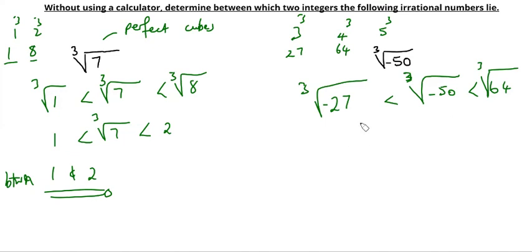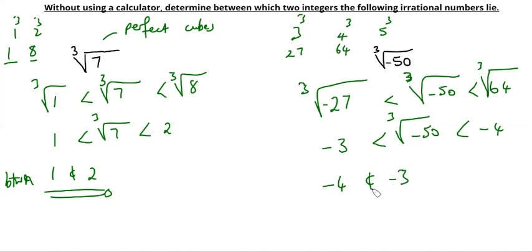Here we're going to get negative 3, and here negative 4. So it lies between negative 4 and negative 3.